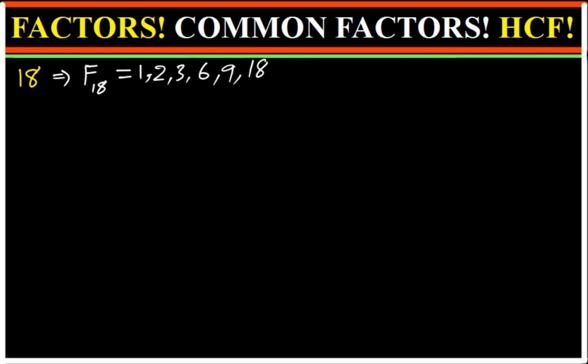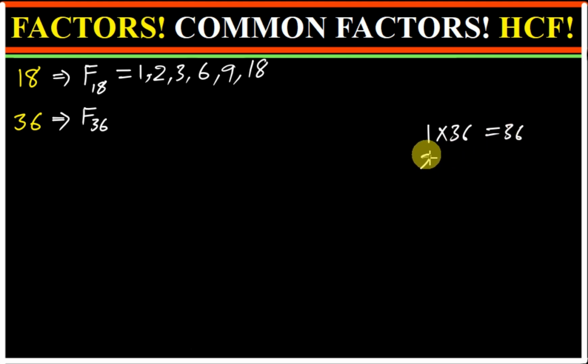Let's take another example: 36. Let's see what numbers can divide 36 fully. Those numbers will be the factors of 36. In another way, we can say, in which tables does 36 come? 36 comes in the 1 table: 36 times 1 is 36.